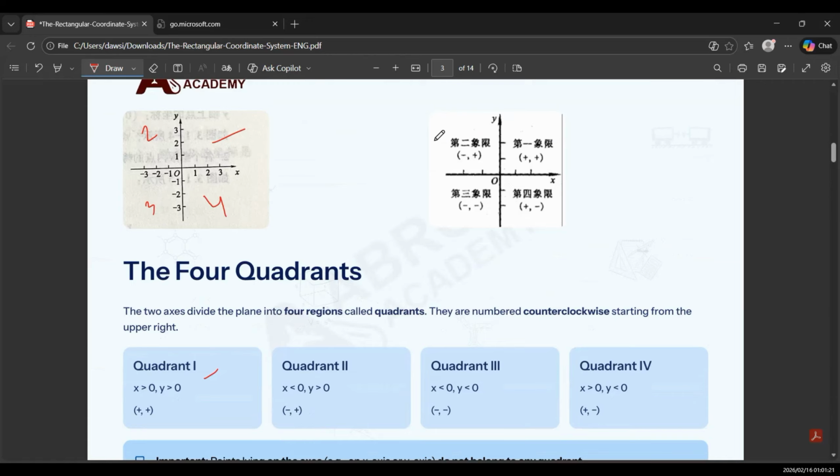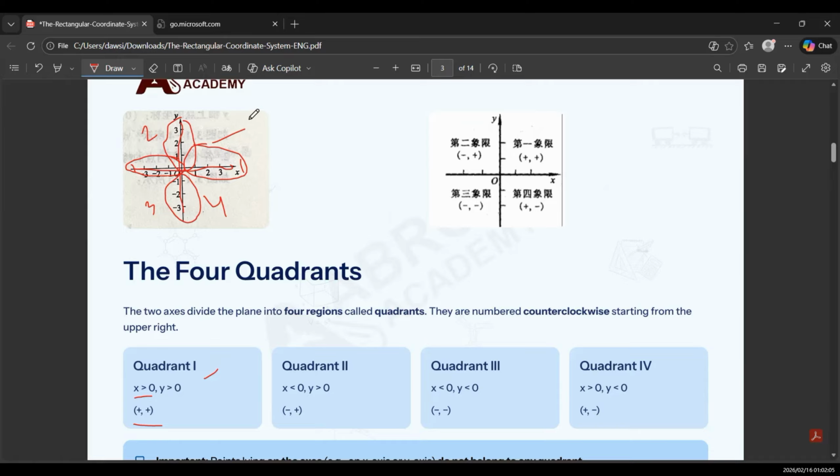Okay, so what we have to understand here: this is positive, that means the value of x is greater than 0, all values of x will be positive. This is the x-axis, and this is the y-axis. The upper part is the positive part of the y-axis, and this is the negative part of the y-axis, and this is the positive part of the x-axis, and this is the negative part of the x-axis.